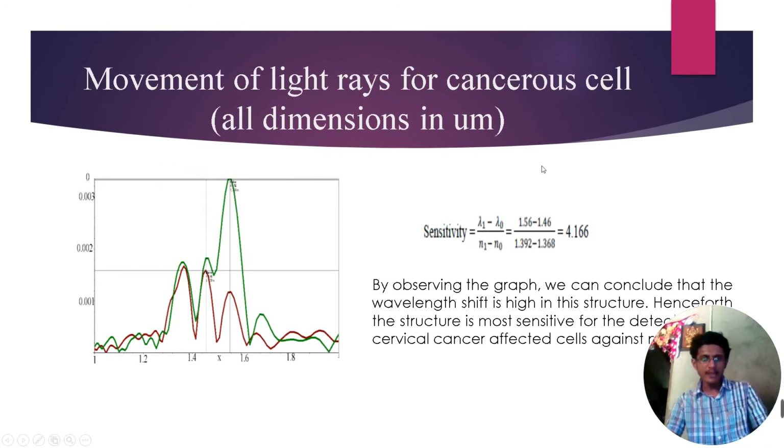By the analysis of this graph we can observe that the wavelength shift is high in the 180-degree phase mismatch structure. Hence, we can consider this structure the most sensitive for the detection of cervical cancer affected cells against the normal cell. And here the sensitivity is found to be 4.116.